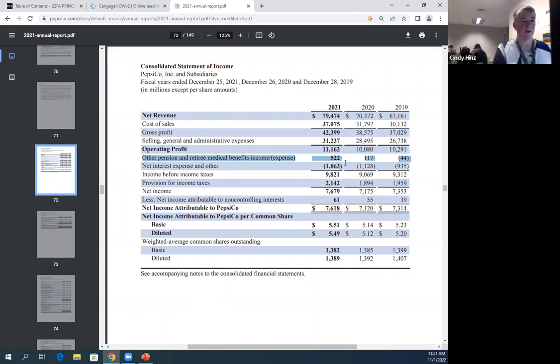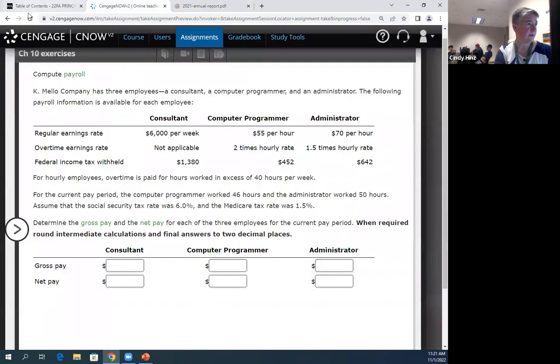In 2021, they spent $522 million on recording future payments that will be due for current employees. And we'll talk about that later.